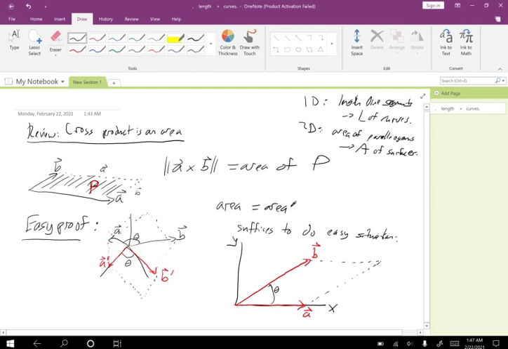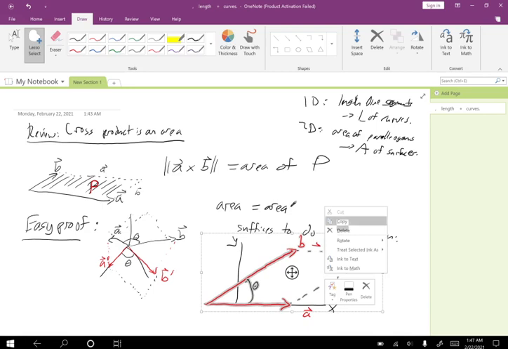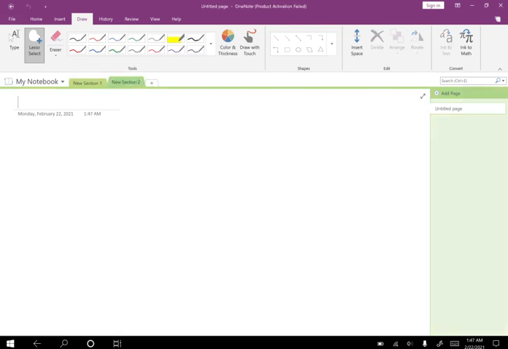The area of a parallelogram is quite straightforward: it's just the base times the height.